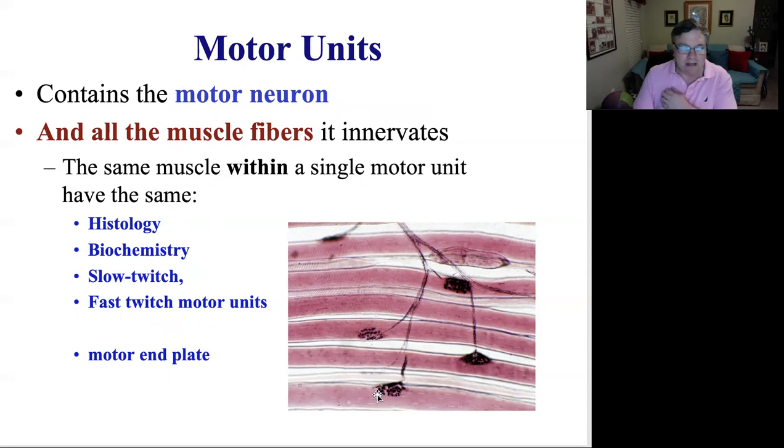That's what depolarizes the muscle cell. And the motor end plate, again, is usually in the middle of the muscle fiber. Once the action potential starts in the muscle fiber, it takes less than 2 milliseconds to cover the entire muscle. So it's almost, but not quite instantaneous in terms of depolarization.